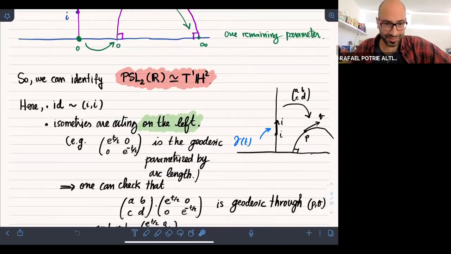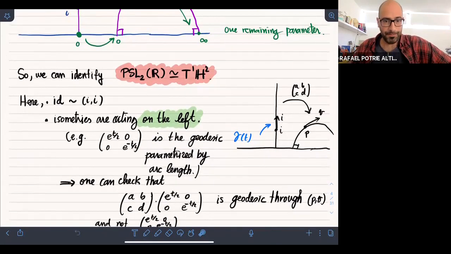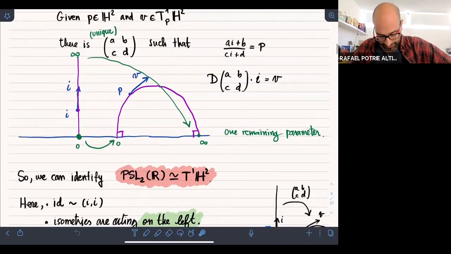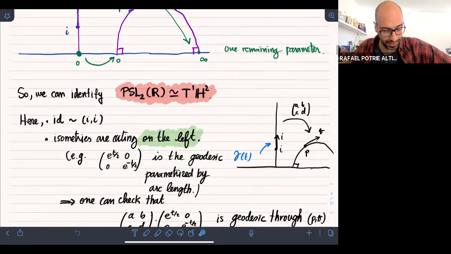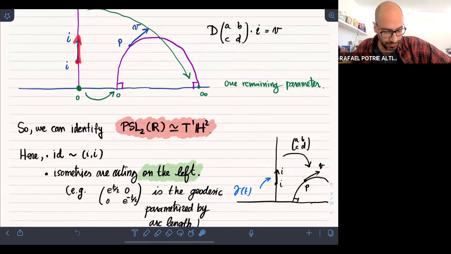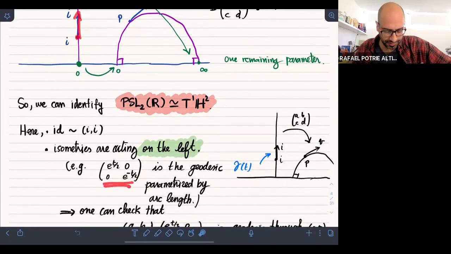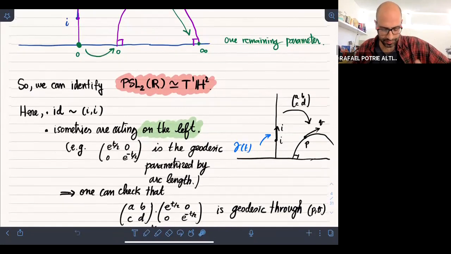but I just noticed. So okay, and to parameterize this thing, which is a geodesic, and you can check it's a geodesic, you just need to multiply i with this vector by this matrix, and this is exactly the geodesic parameterized by arc length. It's gamma of t. It goes like this.